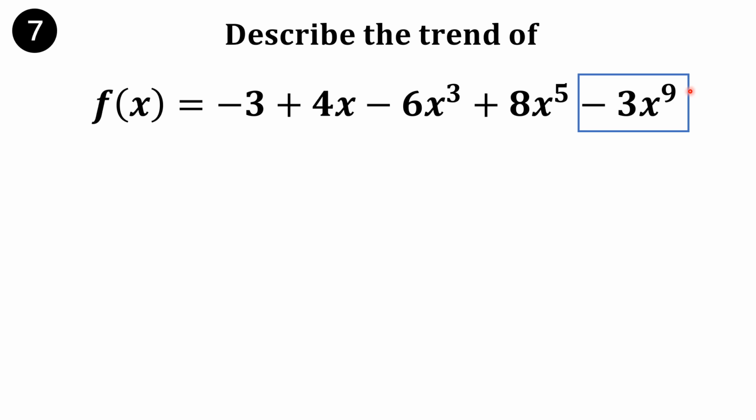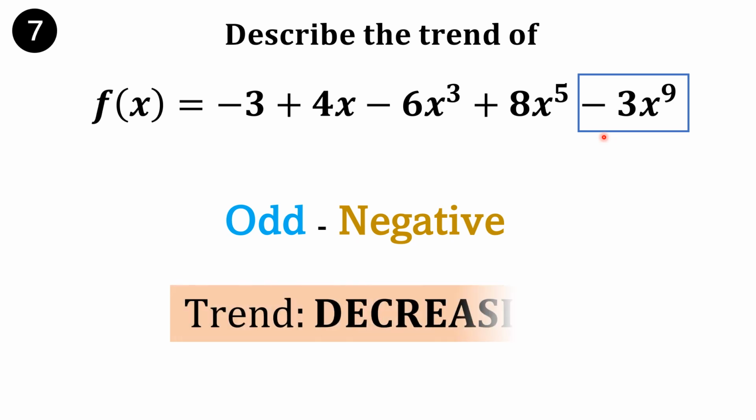So it's an odd negative. Therefore, the trend is decreasing because the characteristic of the end behavior rises to the left and falls to the right. Therefore, the trend is decreasing.